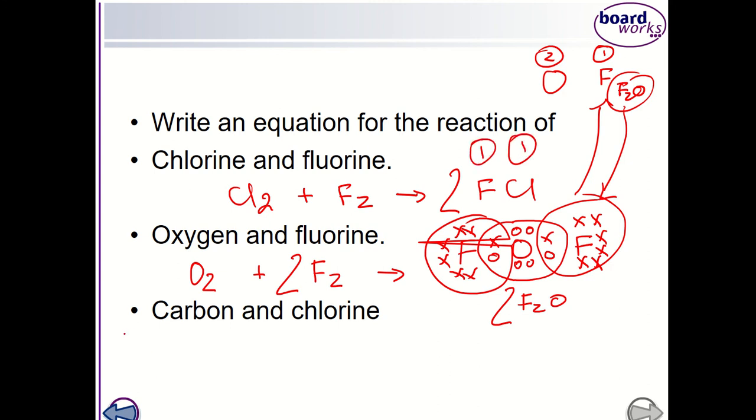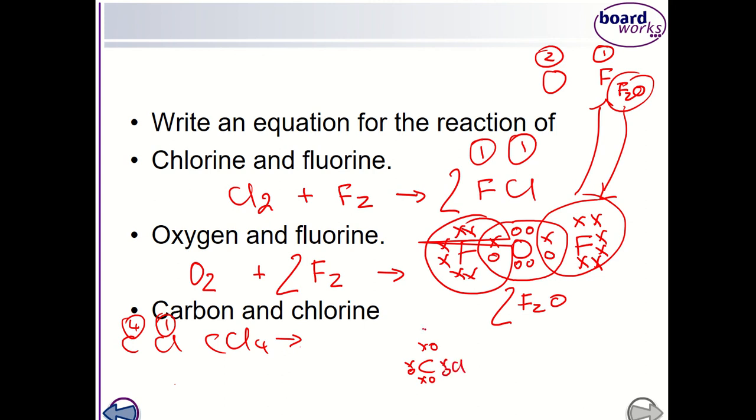Okay, let's just do the same here, carbon and chlorine. Carbon, remember, is 4, chlorine is 1, so that's CCl4. Okay, so we take our carbon, and do the dot cross just to show you how that sets up.